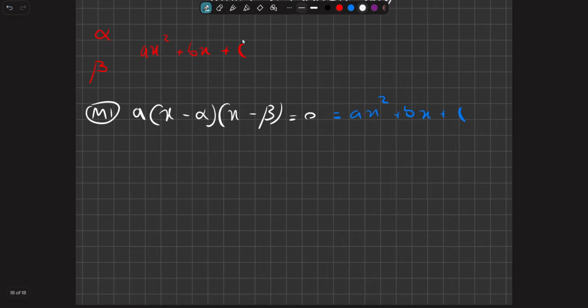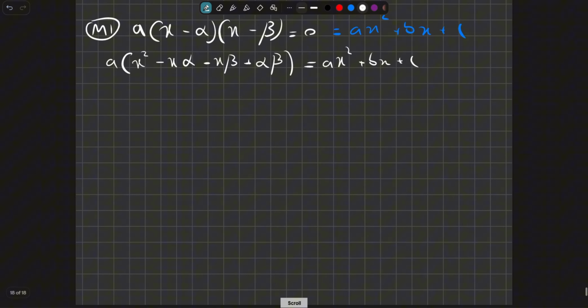So let's start simplifying. We can expand the left-hand side. a times x minus alpha times x minus beta is basically x squared minus x times alpha minus x times beta plus alpha beta, which is equal to ax squared plus bx plus c.